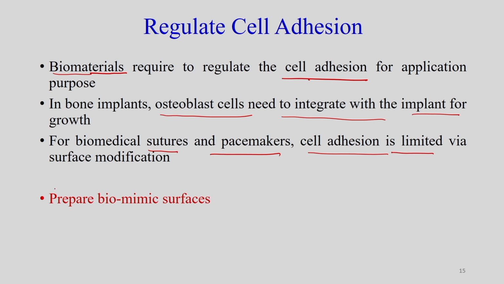So, the whole idea is, depending on a particular biomaterial, we should look to prepare the biomimetic surfaces to tune or to achieve the desired interactions as happens in case of natural systems.